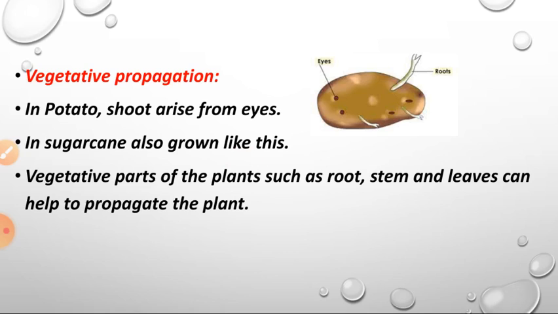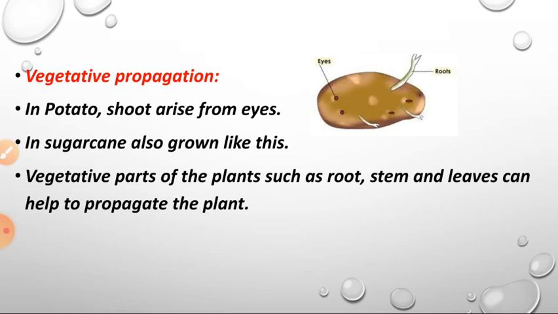Normally, root, stem, leaves are helpful in the process of photosynthesis and in collecting food. But in plants like potato and sugarcane, these parts are helpful in making new plants.